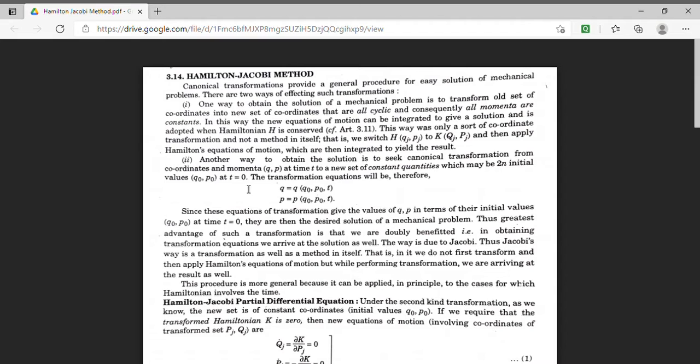So, our transformation equations will be: small q will be a function of the initial values Q0, P0 and t, and the momentum will also be a function of initial values. Small p will be a function of Q0, P0 and t. So this is our desired solution of the mechanical problem.